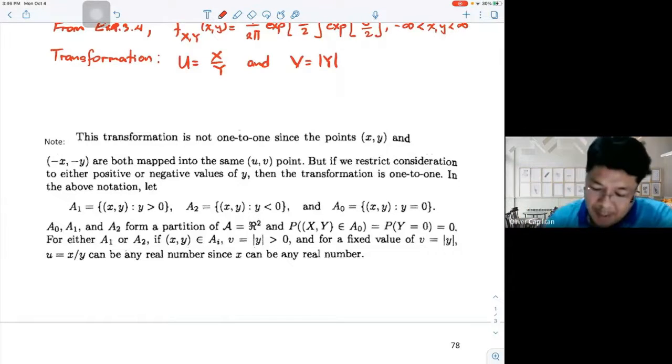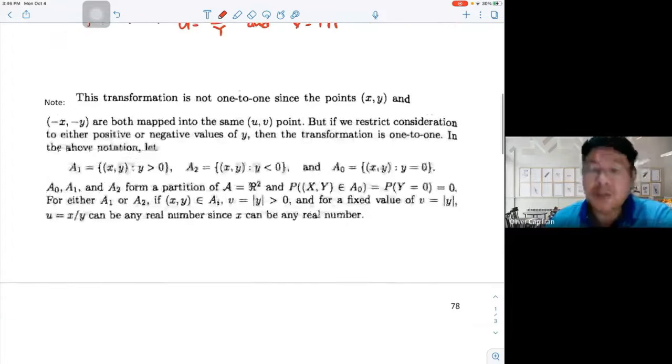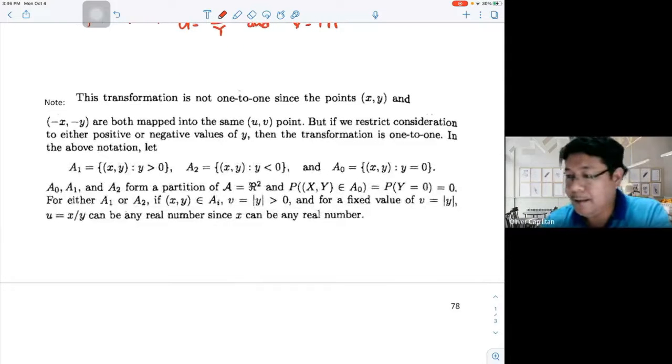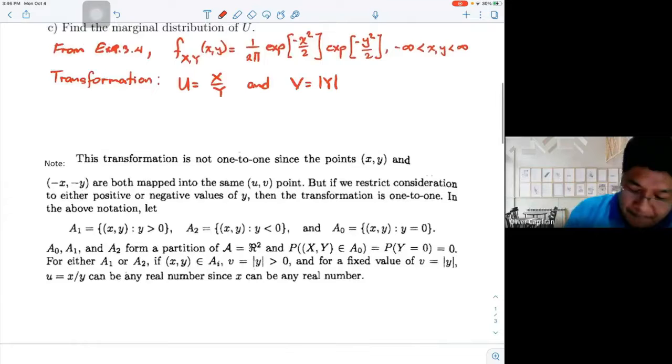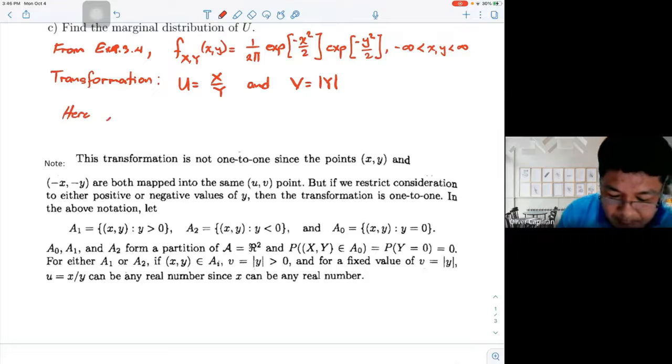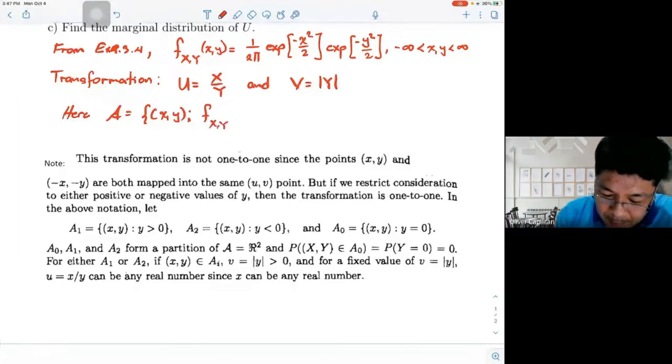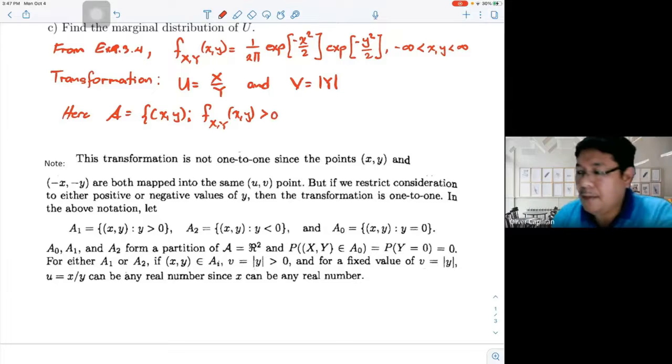So this time we're going to partition our script A. First, script A would be the set of all ordered pairs x, y such that the joint PDF is positive.